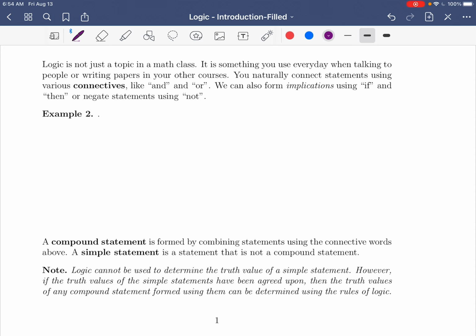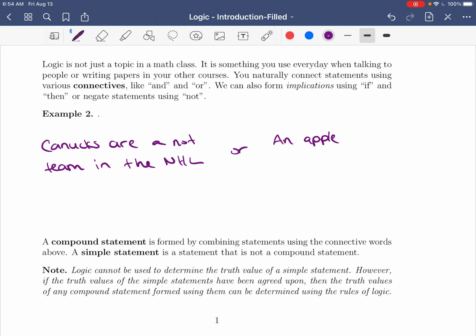So you can put statements together. They don't have to mean much. So let's say: the Canucks are not a team in the NHL, or an apple is a vegetable.